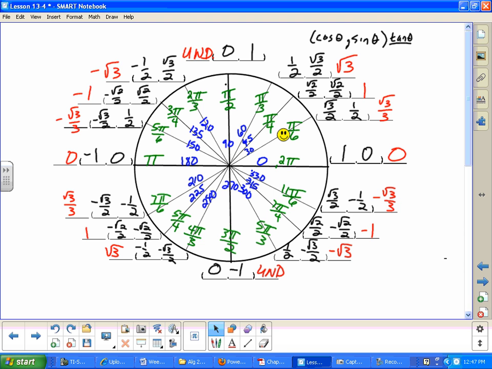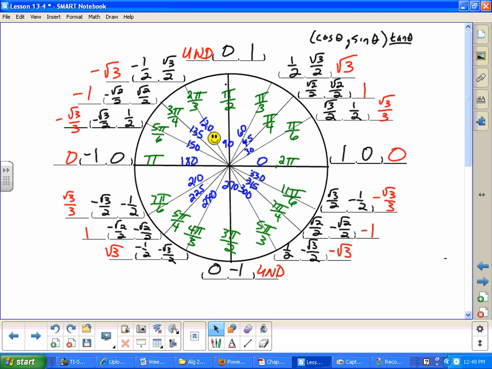Except I've added, to get back to this spot, if I go all the way around again, I didn't go 360 degrees, I went 2 pi. We're talking about the distance around the circle in radians. And if I go this way around to get back there, I also went 2 pi. So what happens is that every time I go around the circle, I'm there, and every time I go around the circle, I'm doing what?